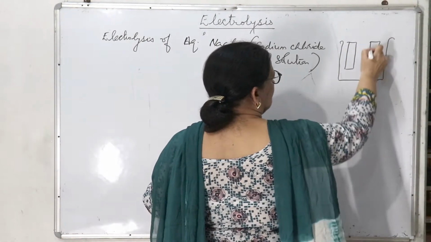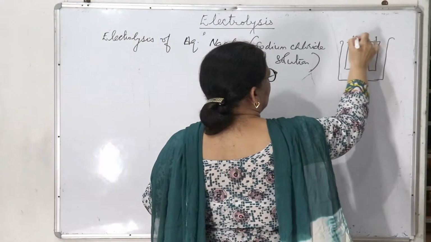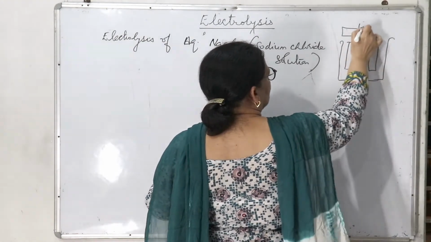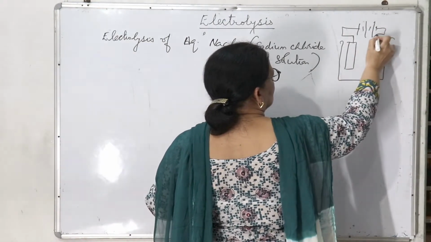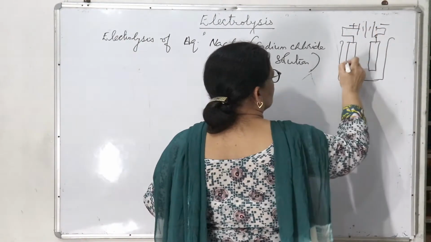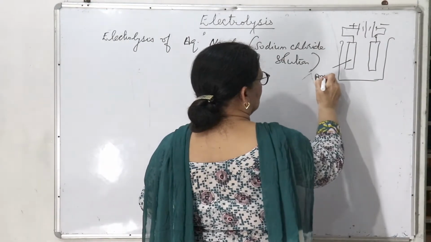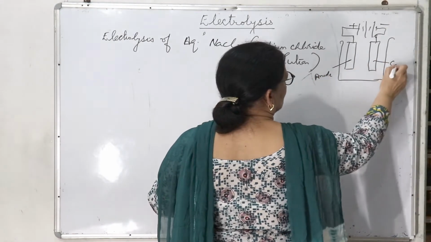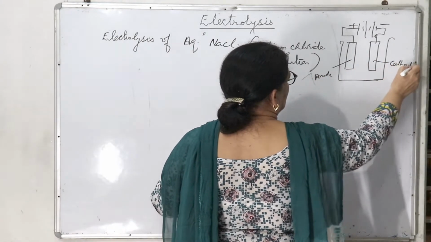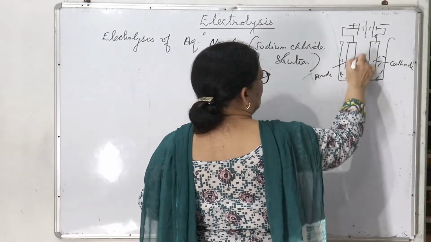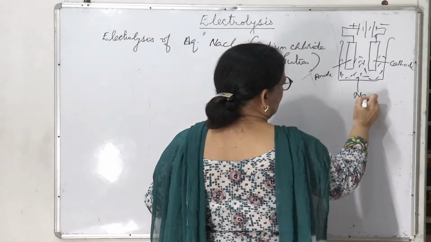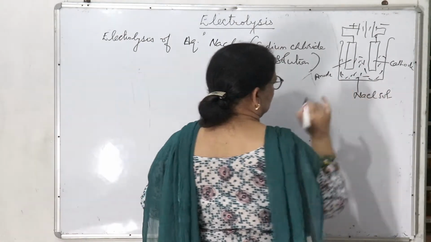The electrode connected to the positive terminal is the anode and the one connected to the negative terminal is the cathode. The electrolyte taken here is NaCl solution.